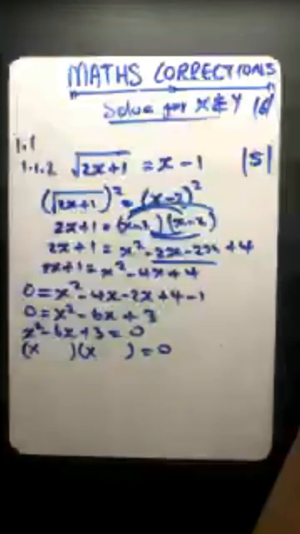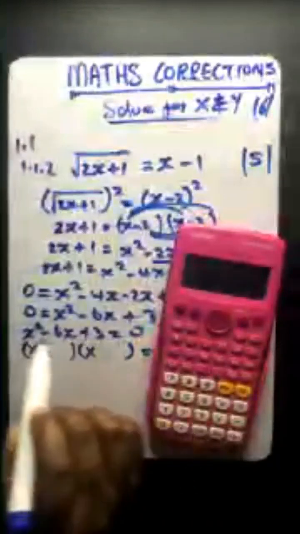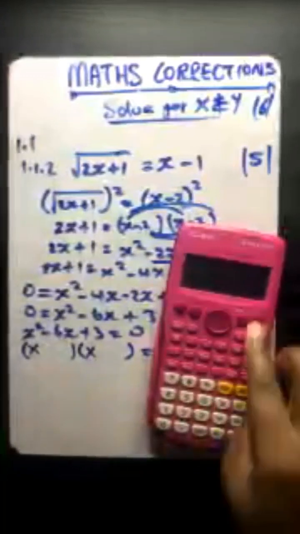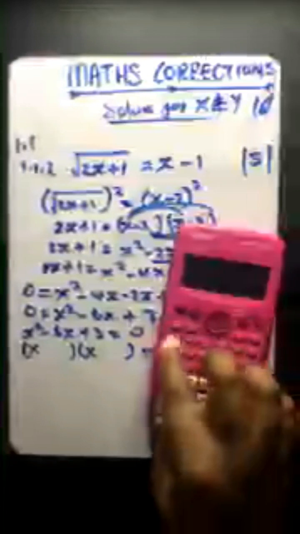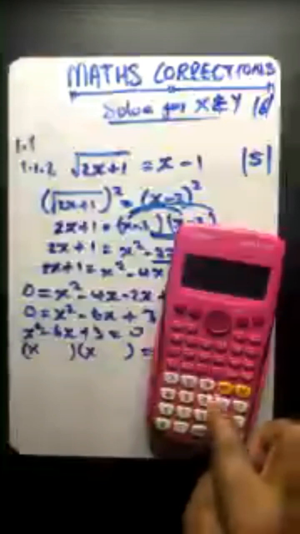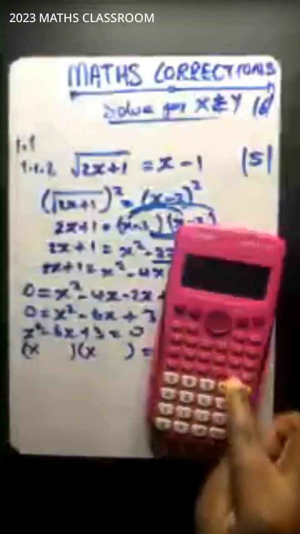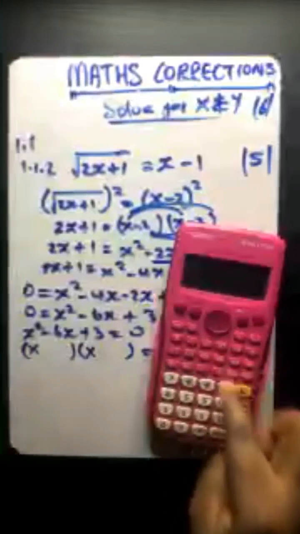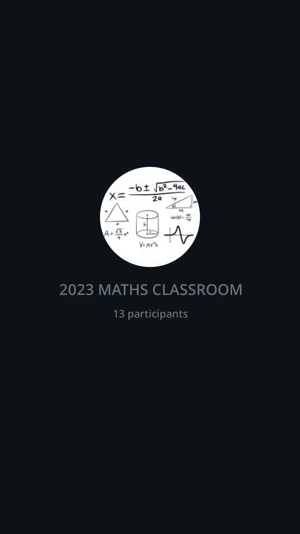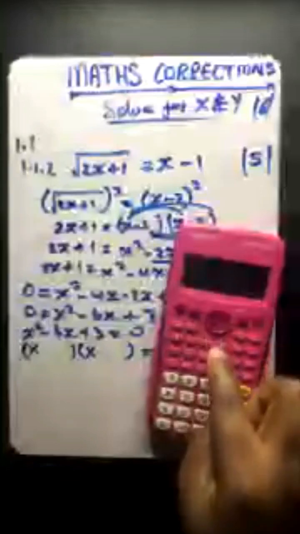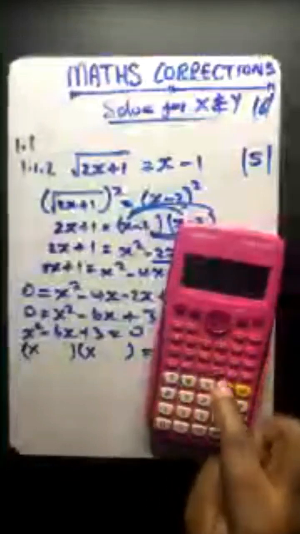Okay, if I'm not sure it's factorizable, then what I'm going to do is to try and use the formula to quickly test if that is factorizable. That's why you need to know this formula by heart. Negative b, what is b? b is negative 6, so negative b is plus 6, plus or minus the square root of negative 6 squared minus 4ac, which is 3, over 2a being 1.